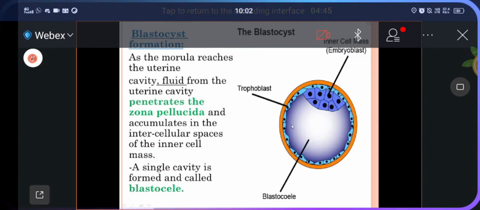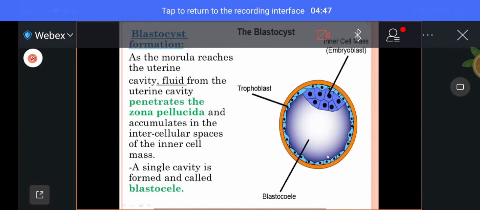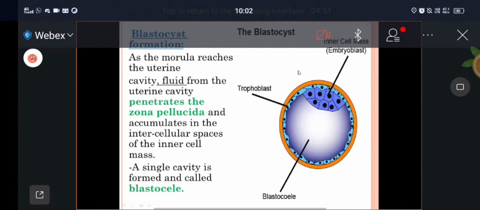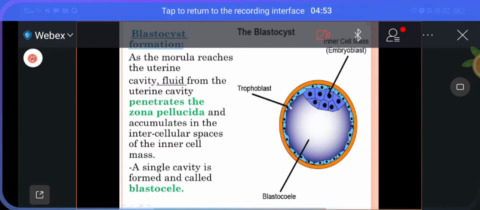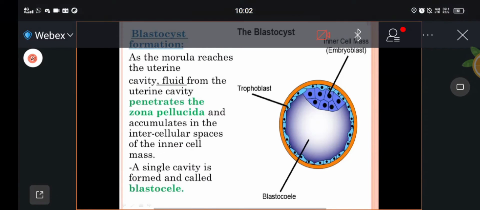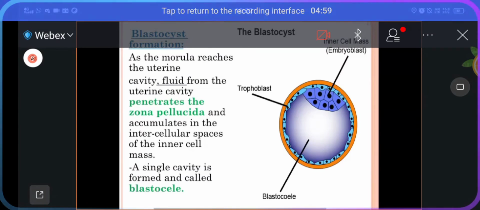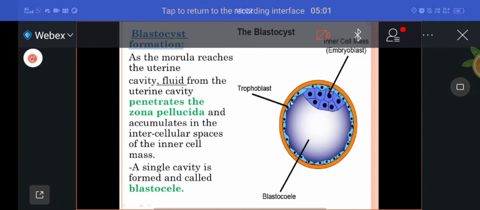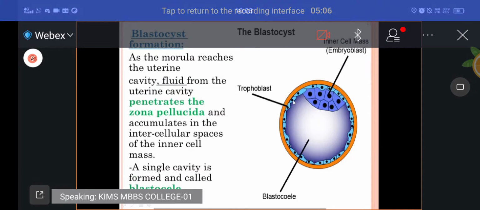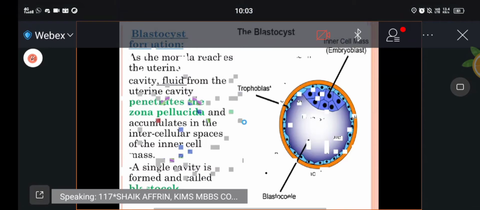The cavity is called blastocoele. The inner cell mass is also called embryoblast, whereas the outer cell mass is called trophoblast. Now, what is the fate of this trophoblast? It forms the nutritive layer.